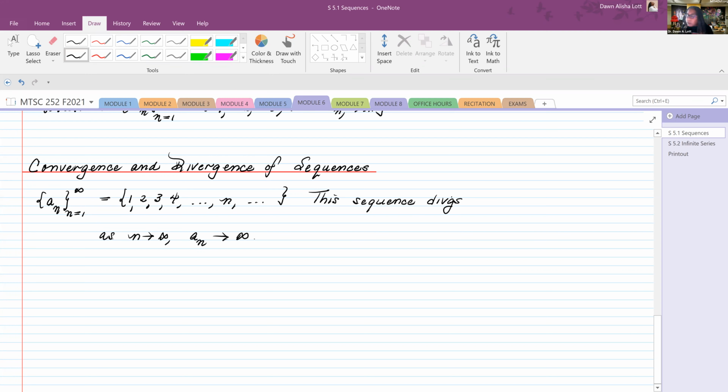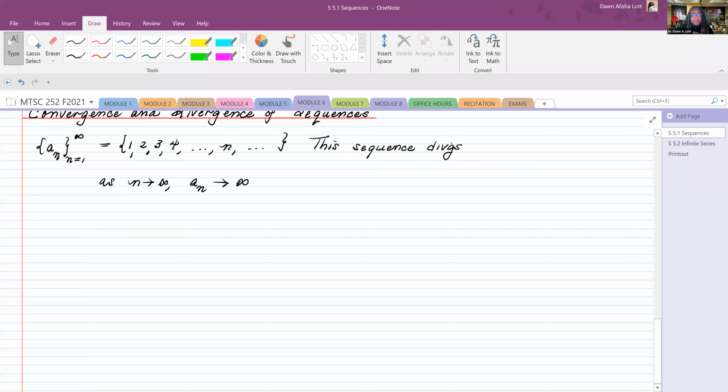Okay, so let's look at this sequence b_n. Now b_n, I want to try to draw for you. So here's b_n. And b_n is the sequence (1/2) to the n minus 1, and then n goes from 1 to infinity.